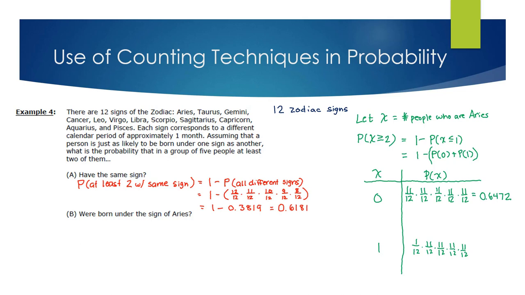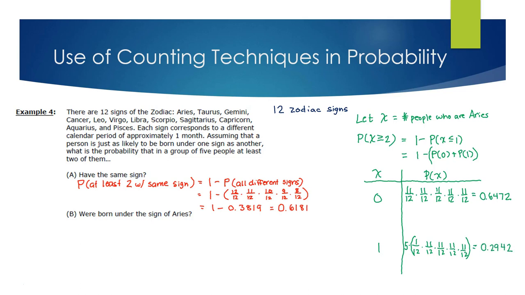It could be that the last person chosen is an Aries and the 4 that preceded him were not. It could be that the first 2 are not Aries, the third one is, and the next 2 are not. So I have to think about how many possible ways I could get one person that is an Aries and 4 people that are not. And there's 5 different ways for that to happen.